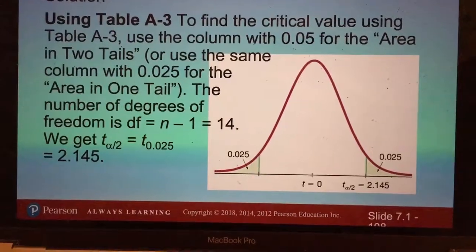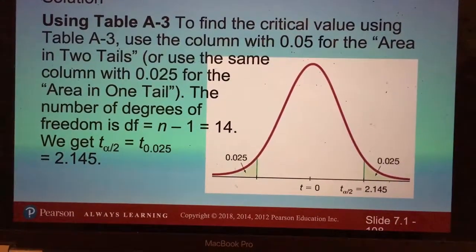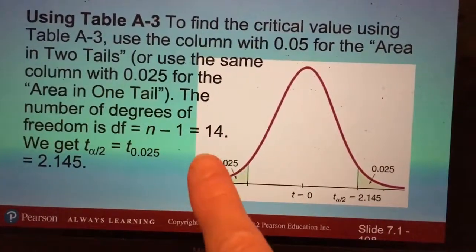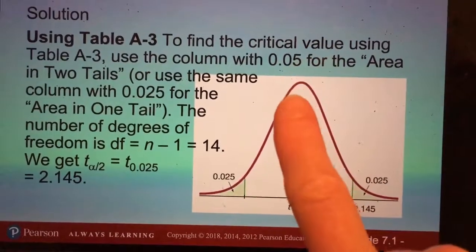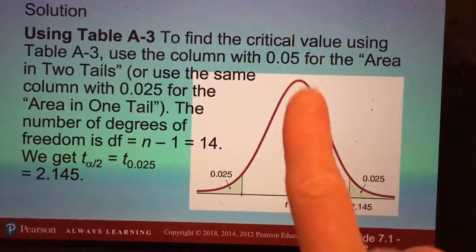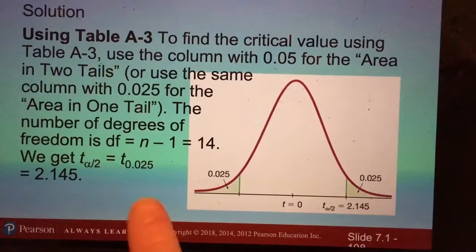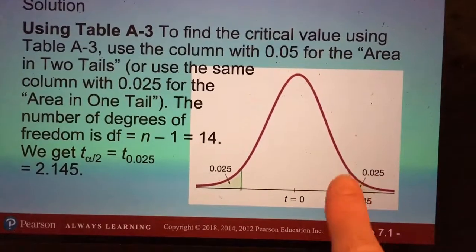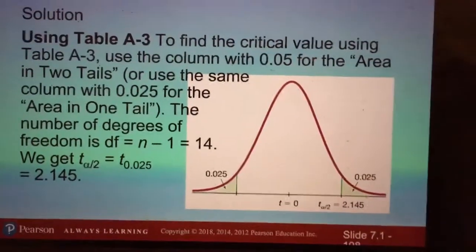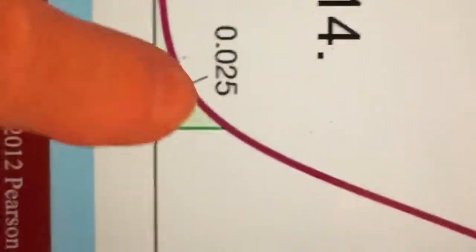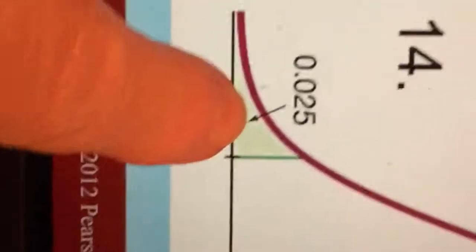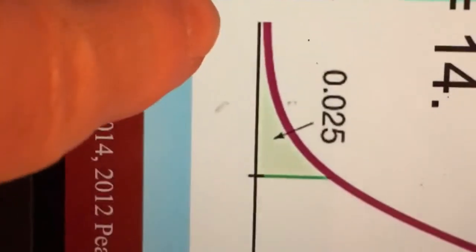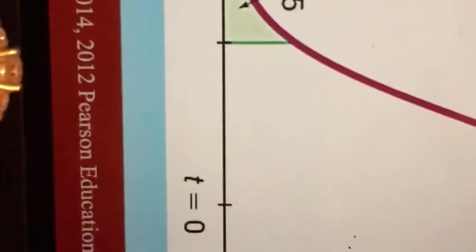I'm going to use an inverse T, and I'm going to put in the degrees of freedom as 14, and on the inverse T, I use the area to the left of the T-score. What I'm going to do is use this one, and it's going to give me back a negative T-score because I'm to the left. But if I wanted this one, then I would just throw it positive.